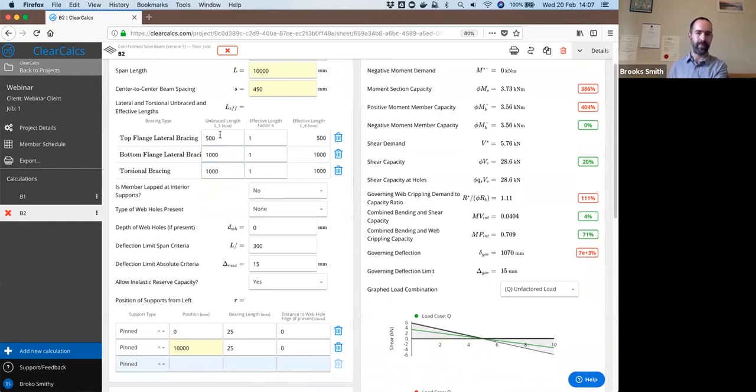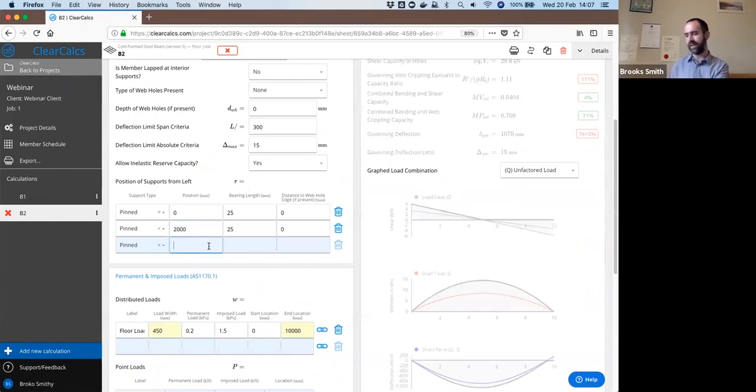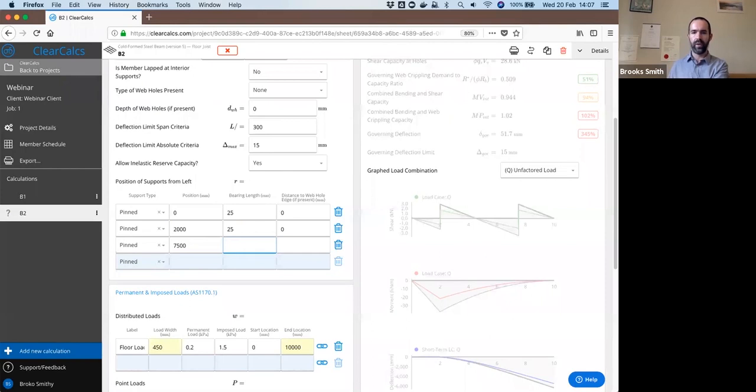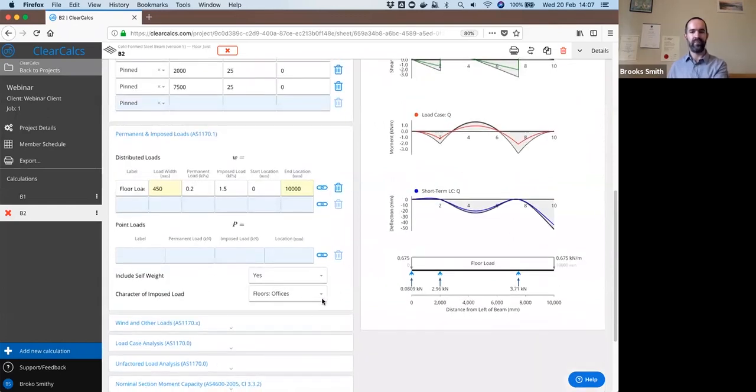We're keeping the same top flange bracing at 500 millimeters. This time we have supports at 2,000 millimeters and at 7,500 millimeters. We'll keep the same bearing length of 25 millimeters just for simplicity again. Our loading parameters all stay the same.